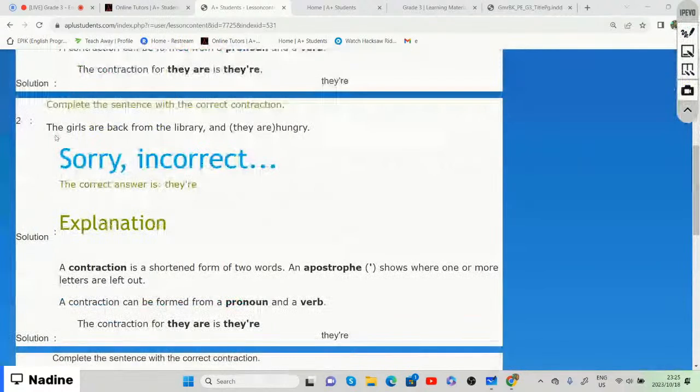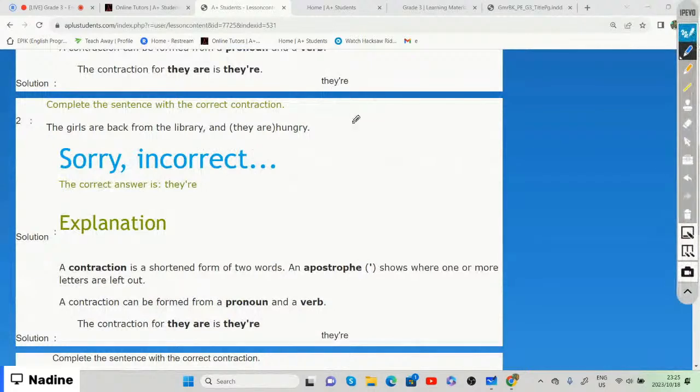The girls are back from the library and they are hungry. Once again, we have the same word. We said that the contraction for they are is they're. We shorten the R by removing the A, putting our apostrophe, and writing the RE only.